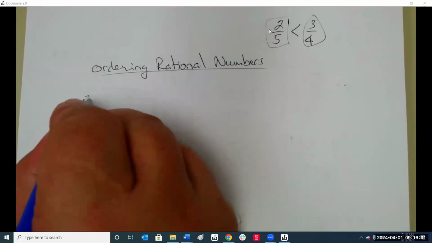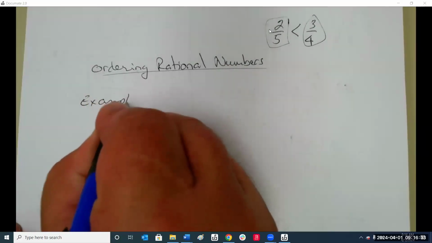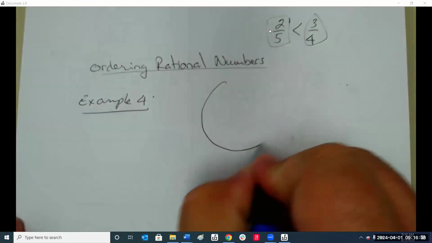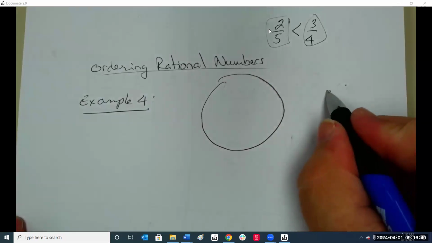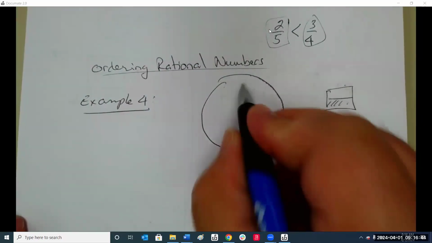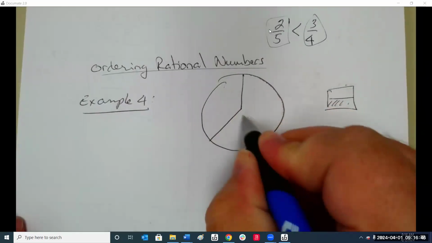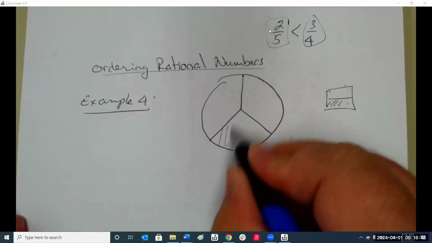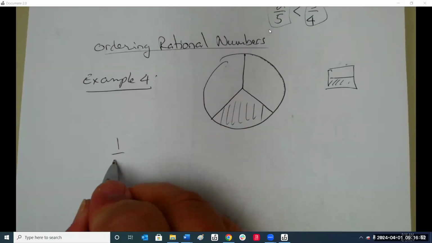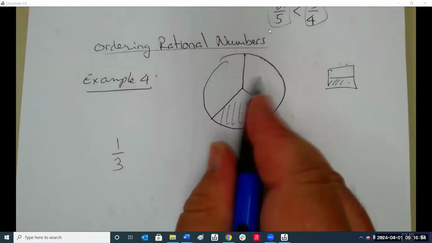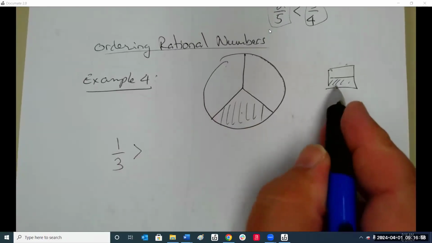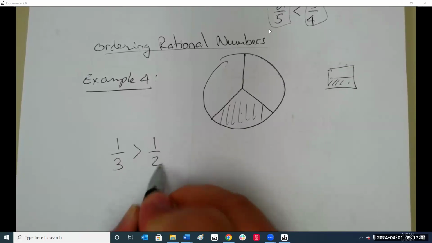The example that we were going to cover here: Hector saw this graph. And the teacher asked, is this one's 1 out of 3 pieces, and this is 1 out of 2 pieces.